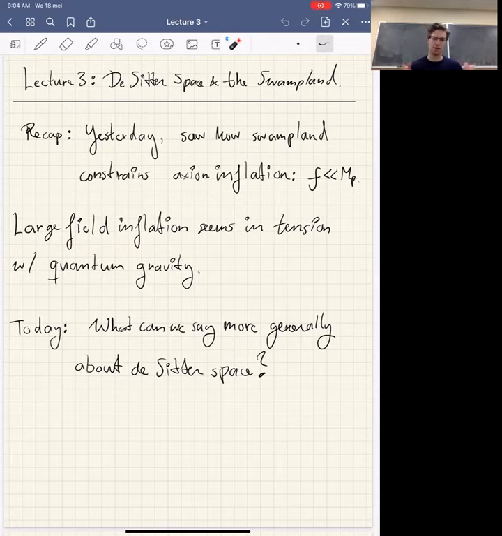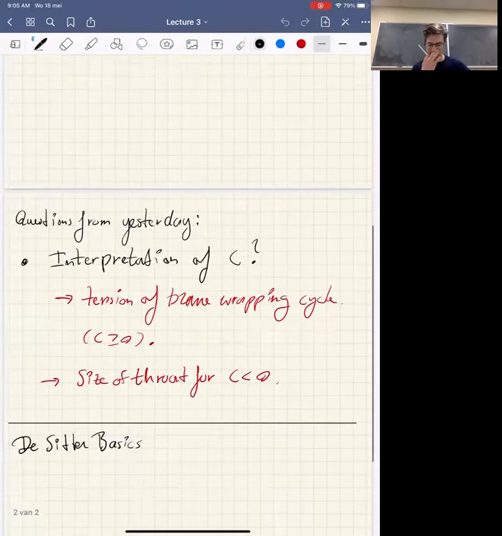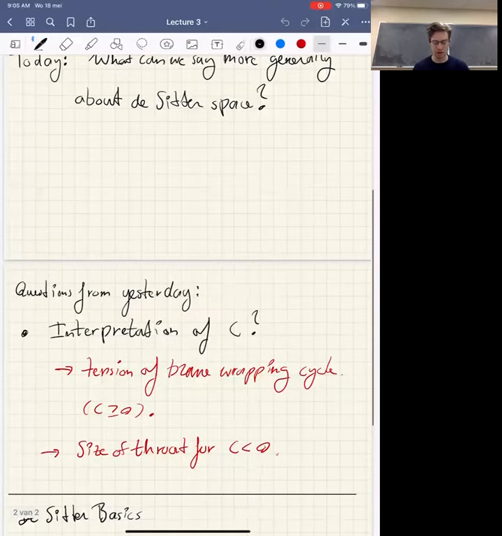So today we'd like to take a step back and focus more generally on the constraints that the Swampland program puts on de Sitter space in general, and not necessarily a period of inflation. So maybe before we start with that, let me come back to a question that arose yesterday.